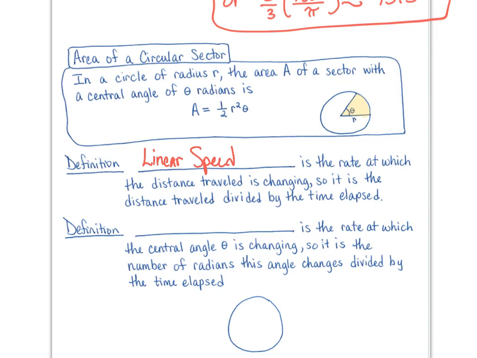Okay? Angular speed is the rate at which the central angle theta is changing. So it is the number of radians this angle changes divided by the time elapsed.